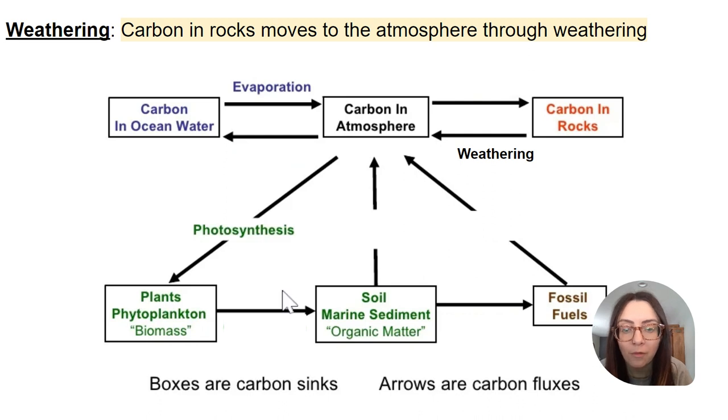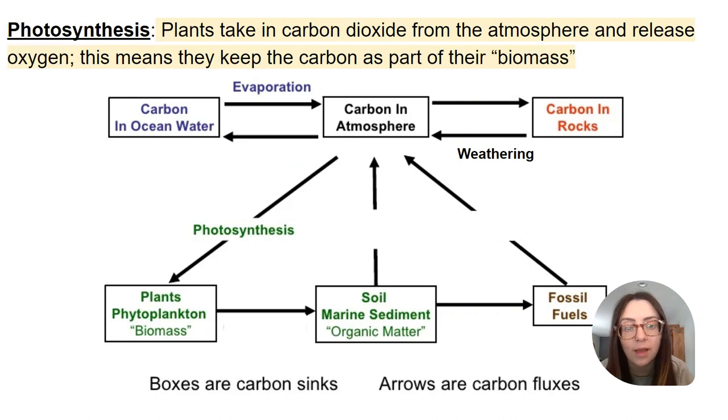Okay. We have photosynthesis, which happens in plants, and that's when carbon in the atmosphere is taken in by our plants. Okay. They take in carbon dioxide and release oxygen, the opposite of what we do. This means they keep the carbon as part of their biomass.